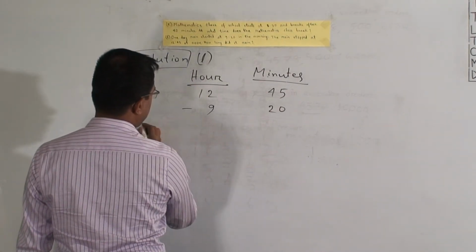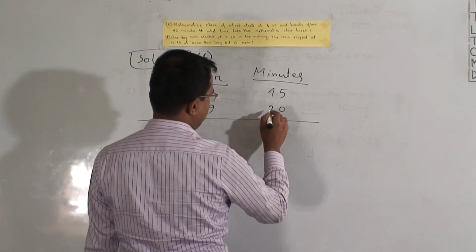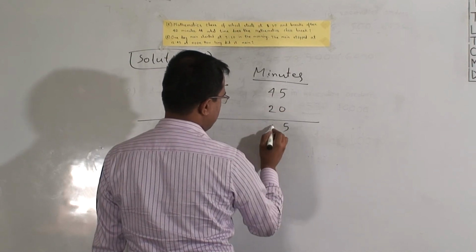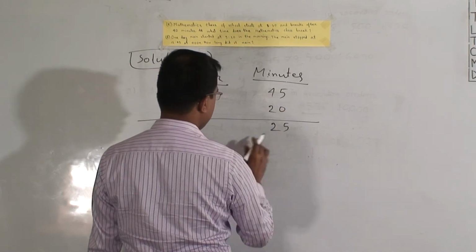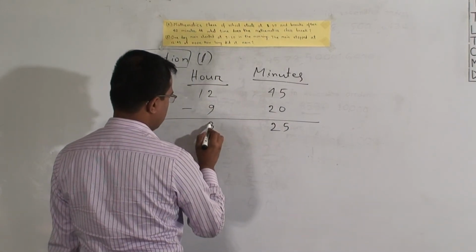Now we can subtract. We have to subtract 20 from 45. Here 5 minus 0 is equal to 5, and 4 minus 2 is equal to 2. Now 12 minus 9 is equal to 3.